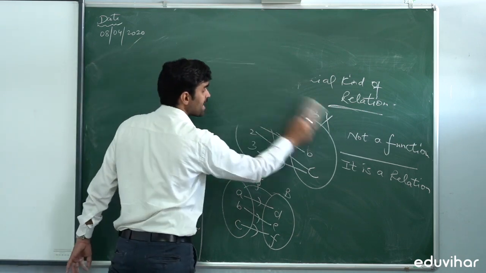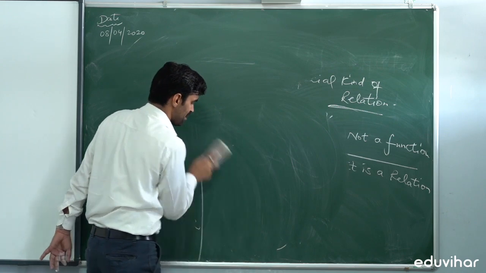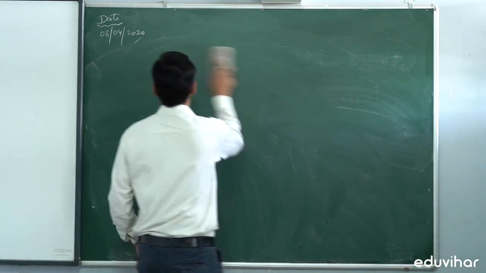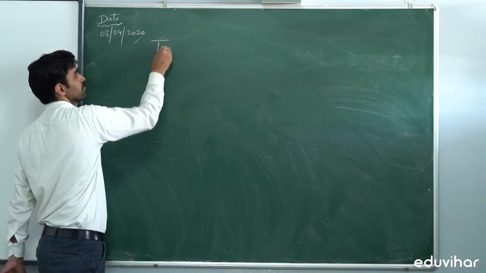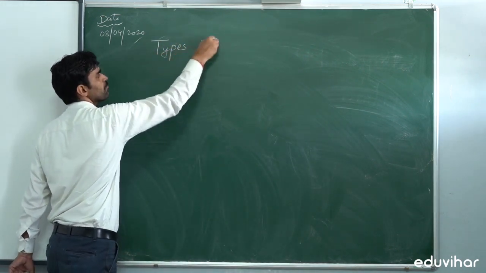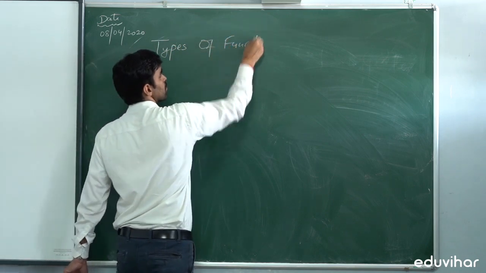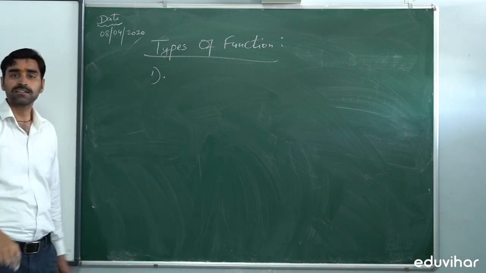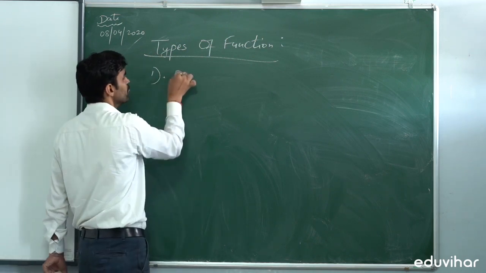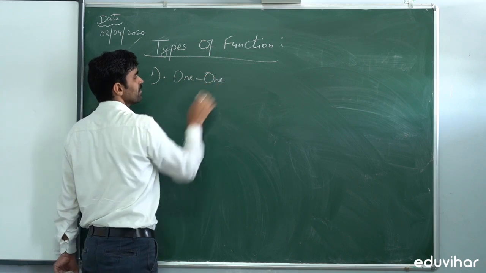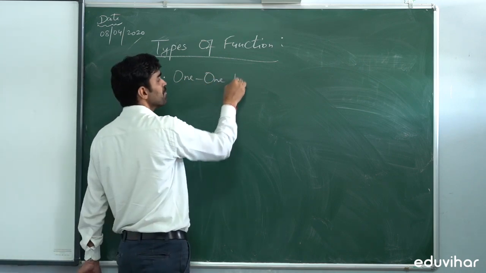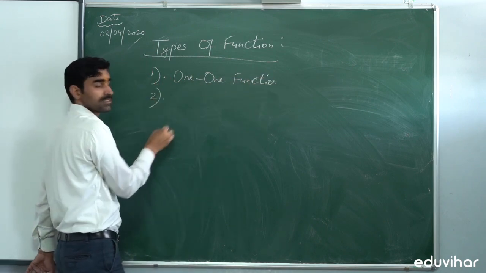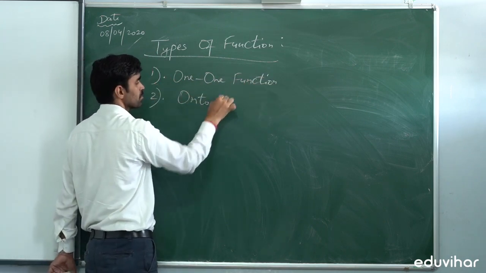Okay, next is types of function. We will discuss the types of function. First is 1 1 function. Today we will learn about 1 1 function. Second is onto function.